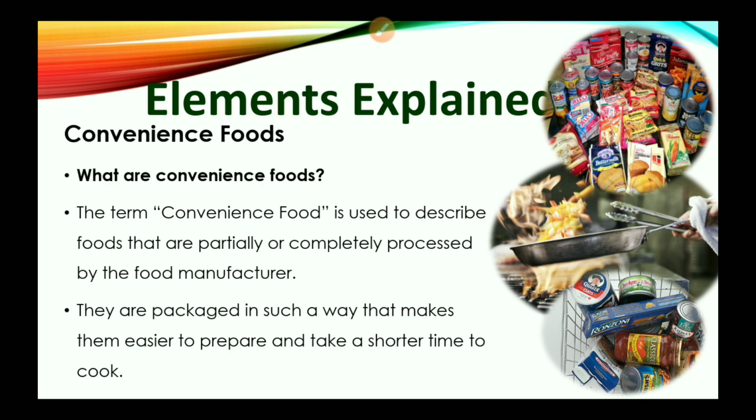They are packaged in such a way that makes them easier to prepare and take a shorter time to cook. Now think about it. What are those foods that you find in the supermarket that are partially, meaning probably half cooked, or completely processed, completely cooked or probably just need some reheating, right? Or even if you have to cook them, they take little or no time.